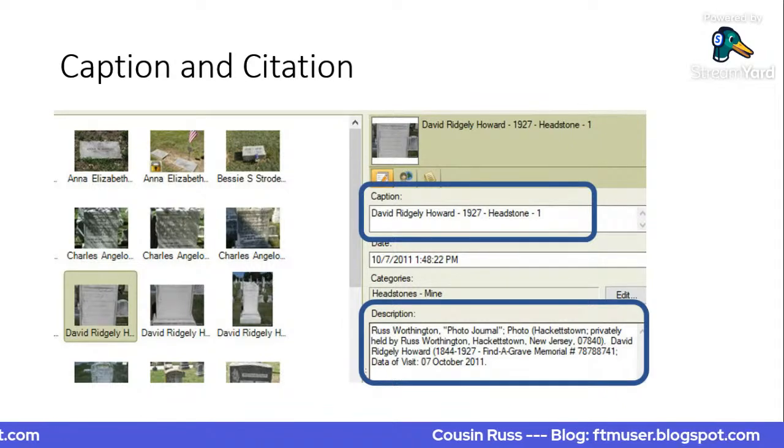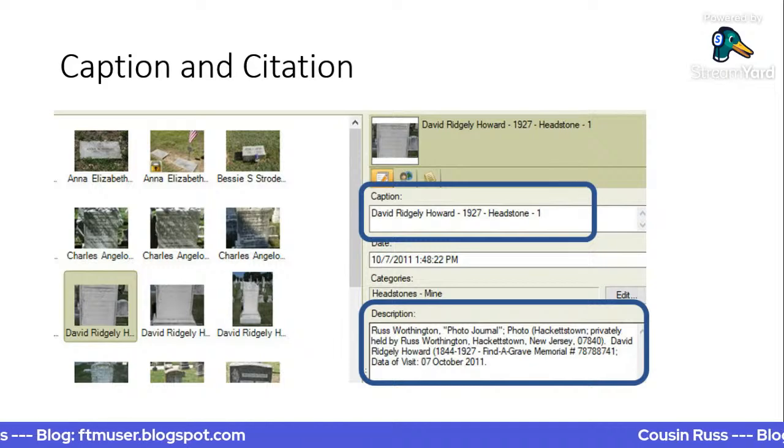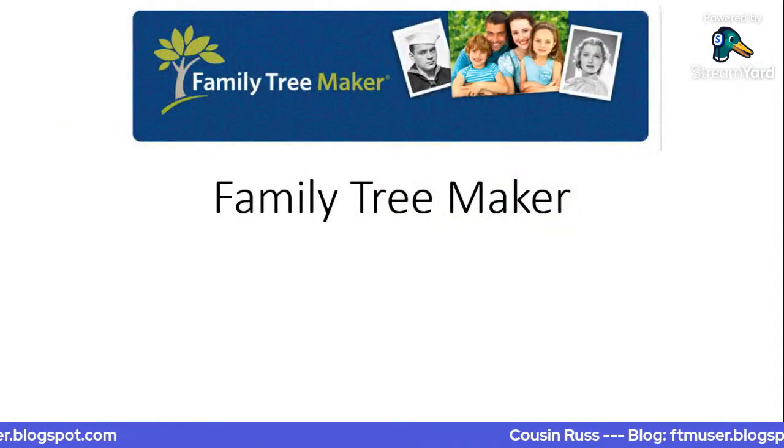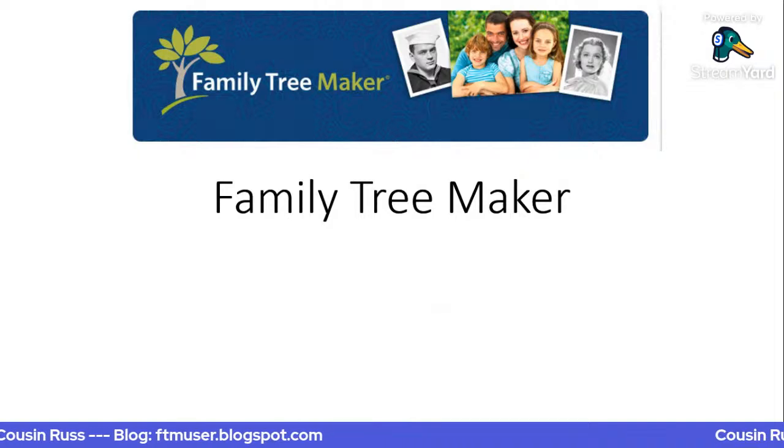And in the photo journal citation is the date that I took the picture and some more information. So basically, that is my rules for the Media Workspace and how and why I do what I do and the rules that I have set up.